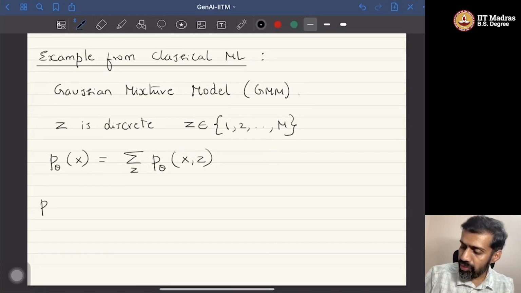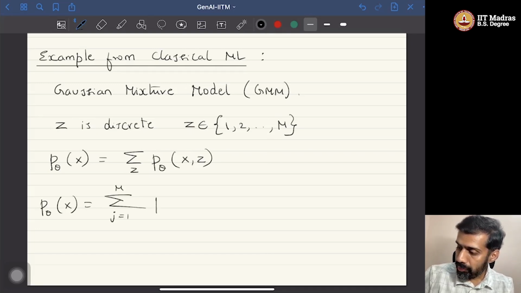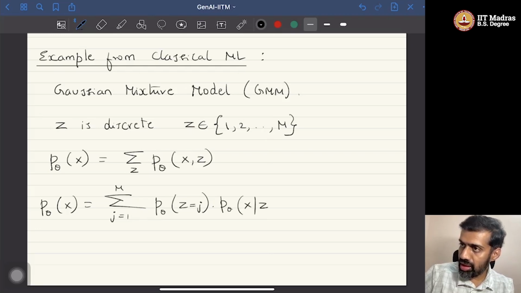For a GMM, we have P of x equal to the sum over j equal to 1 through m of P theta of z equal to j times P theta of x given z equal to j.